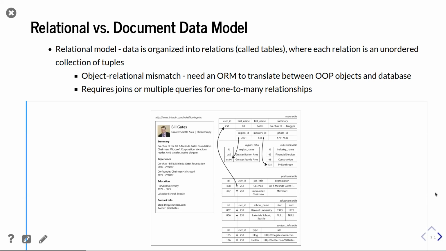To alleviate these problems of one-to-many relationships, where one user has a relationship to multiple tables, we can look at the document data model.